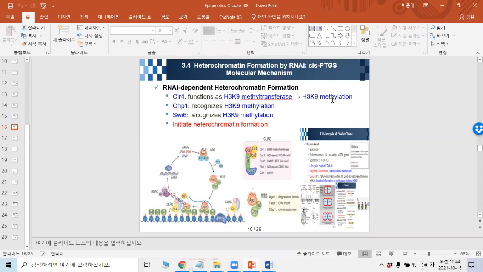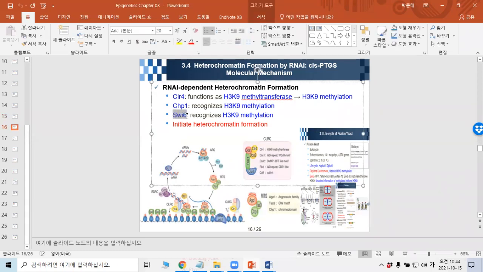It will induce methylation. Especially CHP1 decodes the information, and in fission yeast, SWI6, as in mammalian HP1, can recognize the H3K9 methylation. Finally, they will initiate heterochromatin formation.